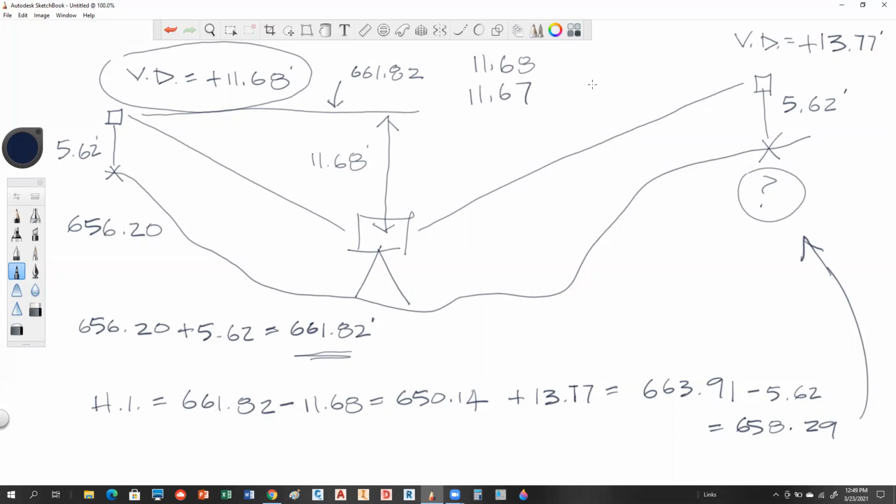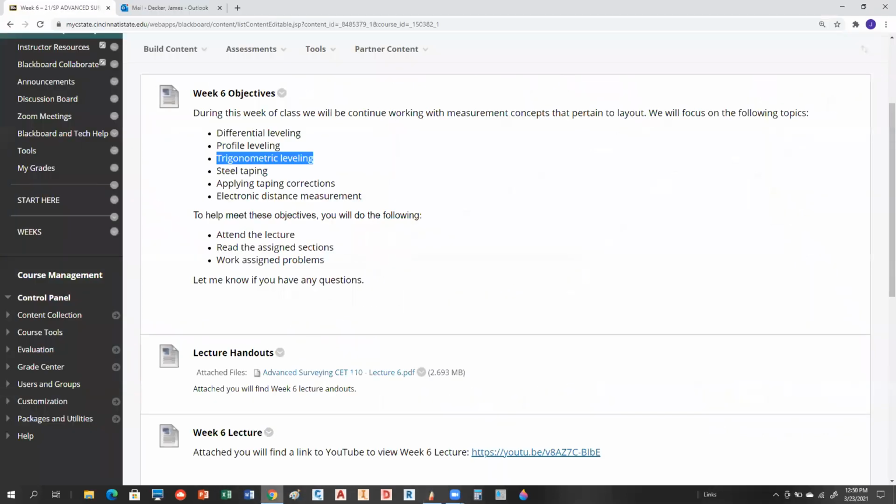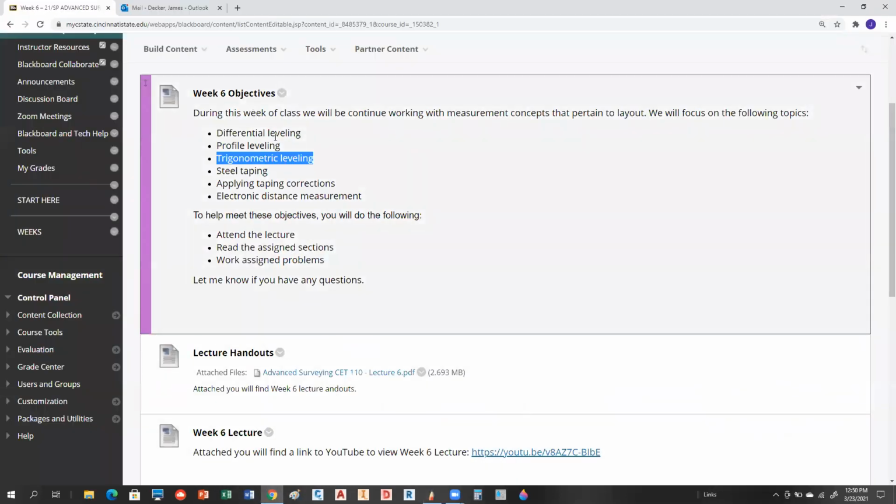So what we would do is take these and average them, because they can be a little bit different, significantly different. Okay. And so that's a much better way of doing it. But again, when you talk about trig leveling, yeah, it's got probably the most error associated with it. Okay. All right. So that's kind of the stuff you're going to see out of this section here.